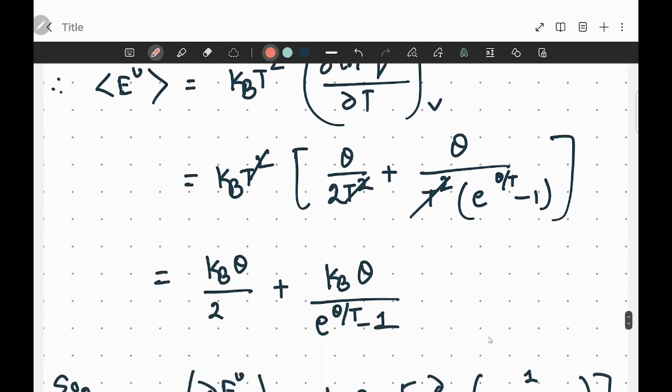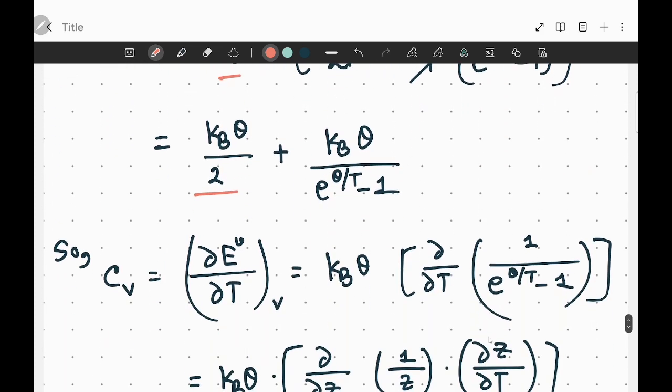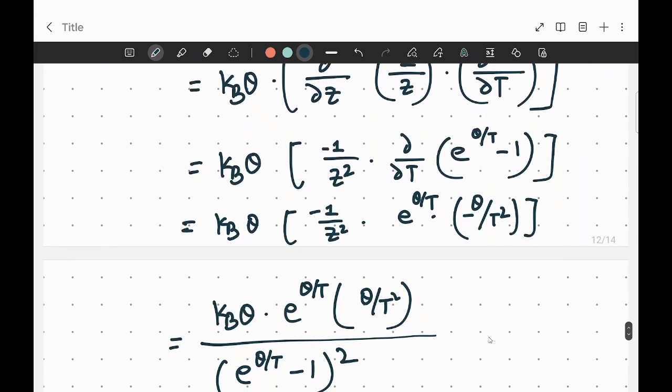After taking the derivative, the first term is not there. So eventually it does not make any difference. If you consider that definition also, there is no difference even. Okay, so this is our CV.